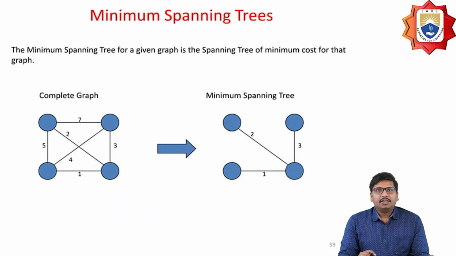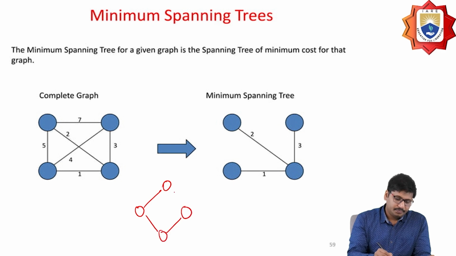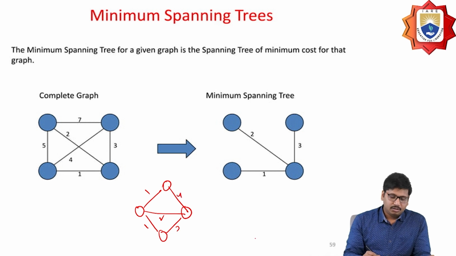Normally the spanning tree of the given graph is the minimum cost of the graph actually. If the weights are assigned, suppose I have a graph like this. In this graph, the weights which have the minimum should be considered in such a way that we visit all the nodes and it does not form a cycle. Among these four vertices, what is the minimum one?